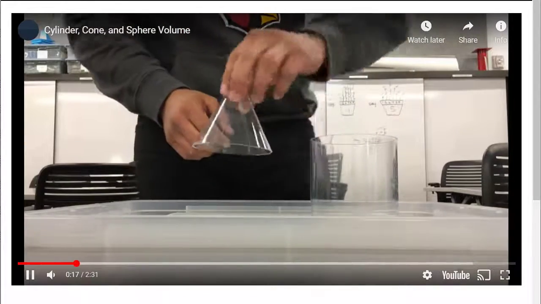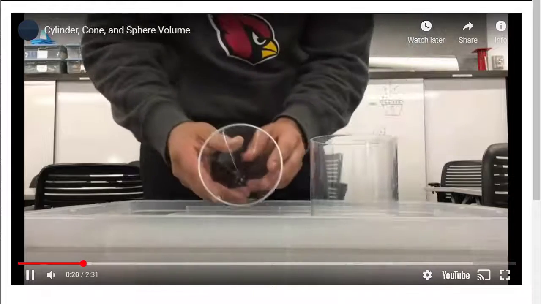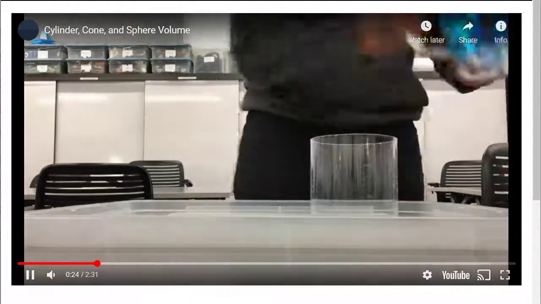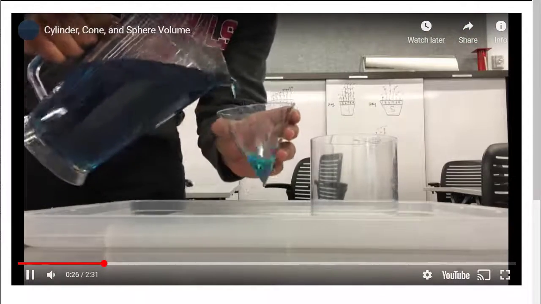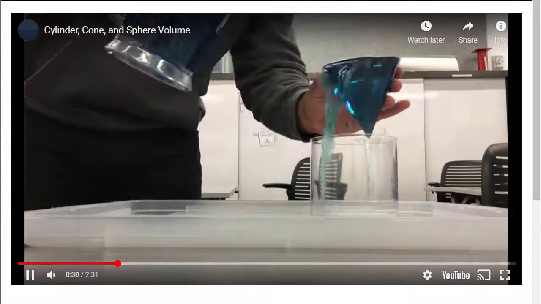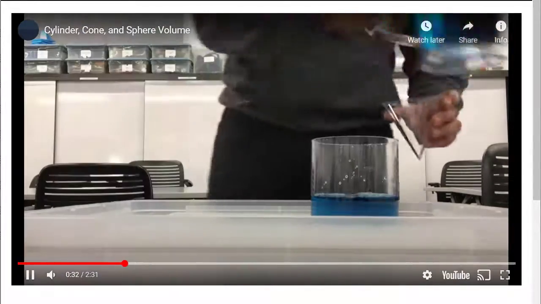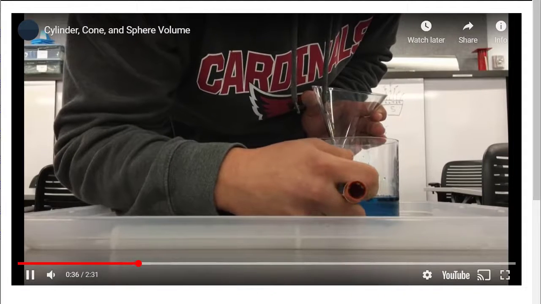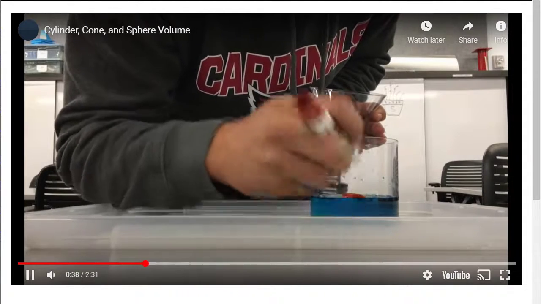This cone. Okay, he's going to pour a liquid in this. Okay, one cone in the cylinder. He's going to mark where it came up to. That's one cone.